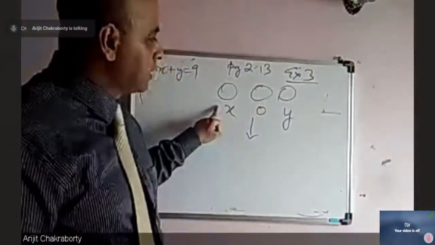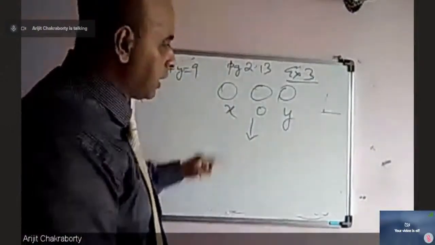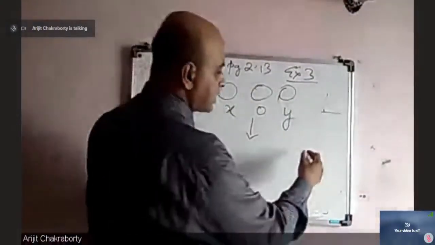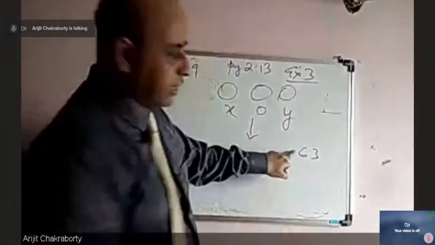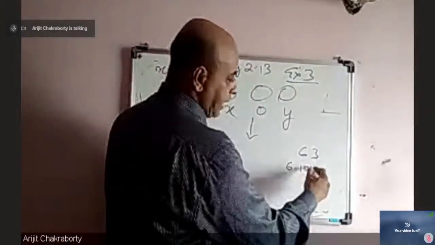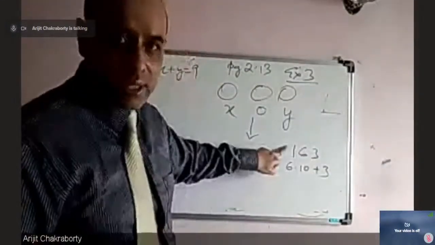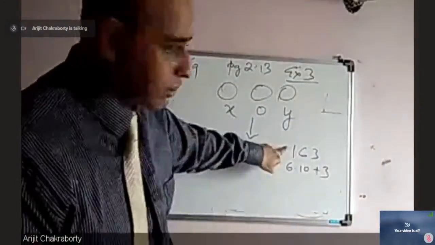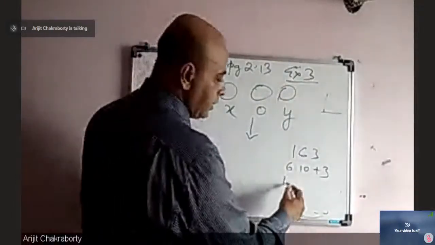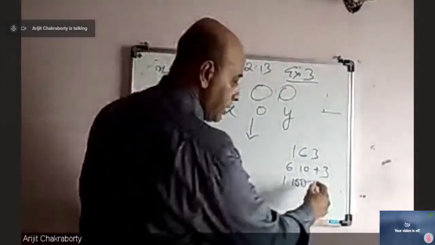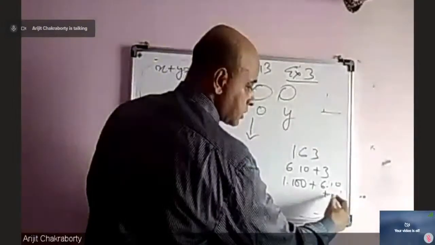We know, as I was telling you earlier, that in case of the number say 63, we write 6 into 10 plus 3. If you have 163, for example, how do we break it? We write 1 into 100 plus 6 into 10 plus 3.